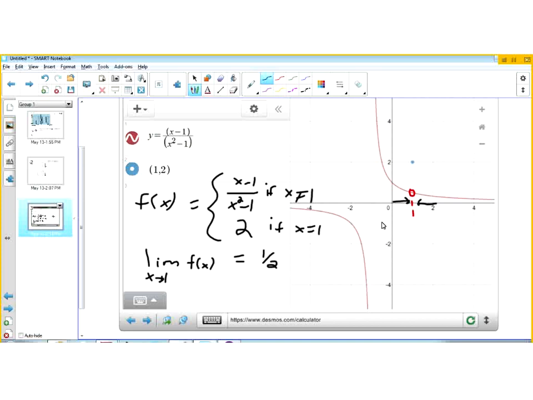So what's being illustrated here is the limit. I'll type it so it won't look so messy.